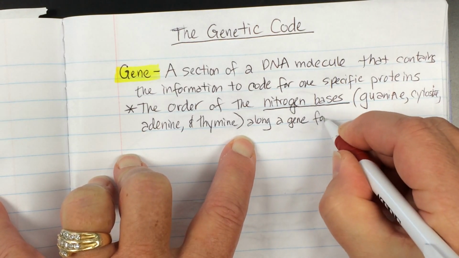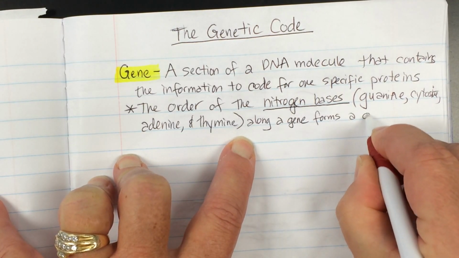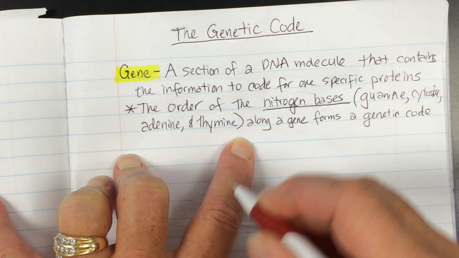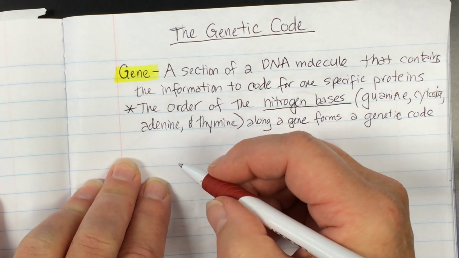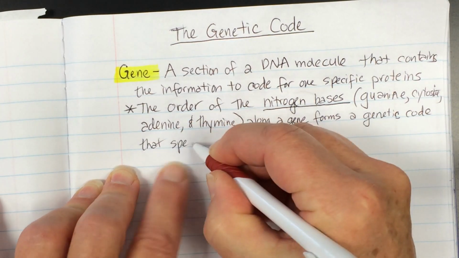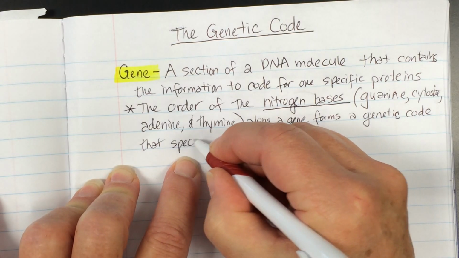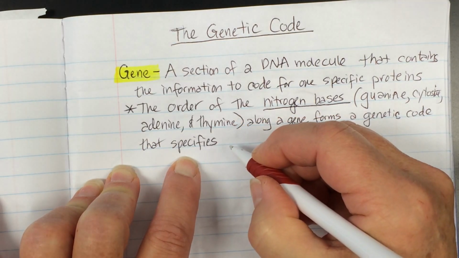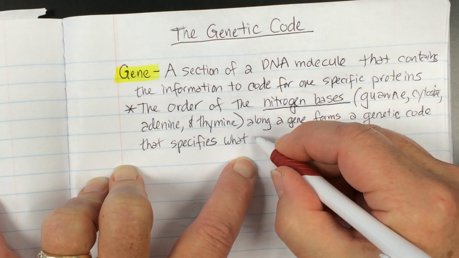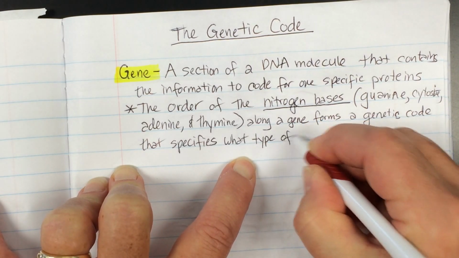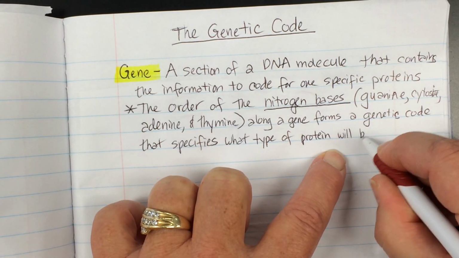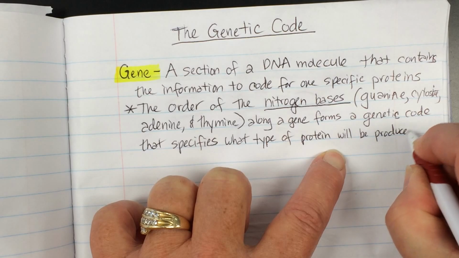forms a genetic code that specifies, which means it tells, it's telling a specific thing, specifies what type of protein will be produced.